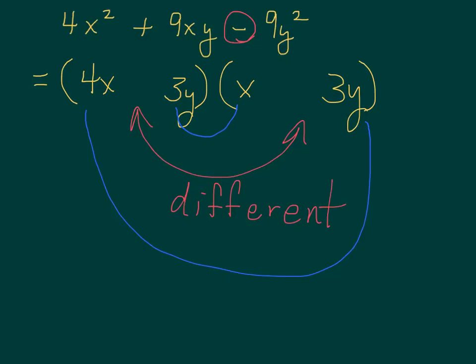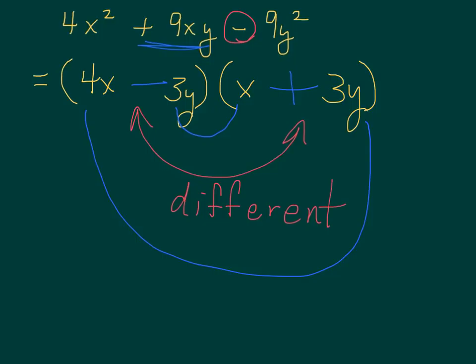Well, since 12xy minus 3xy gives us the 9xy for that middle term, if we just make our signs like this, we'll have it. Now you should go ahead and check using the FOIL process that this actually works.